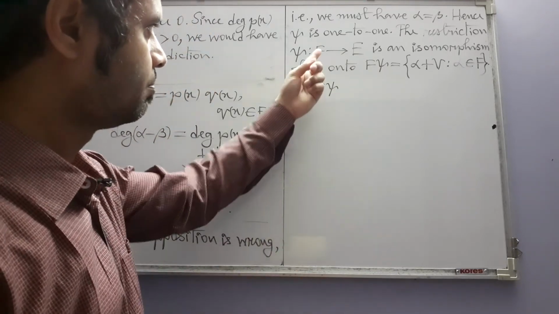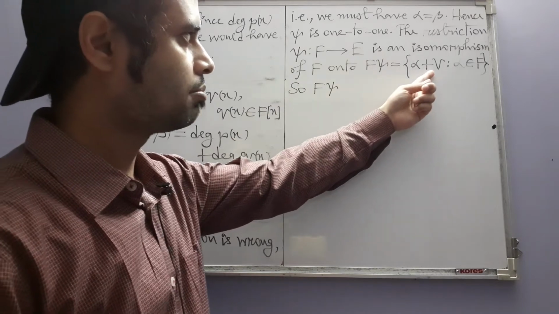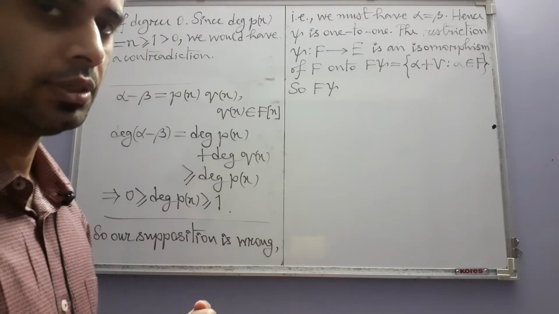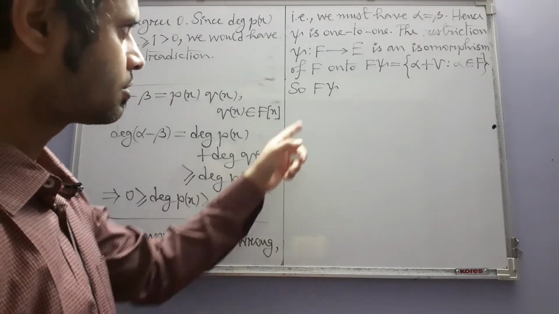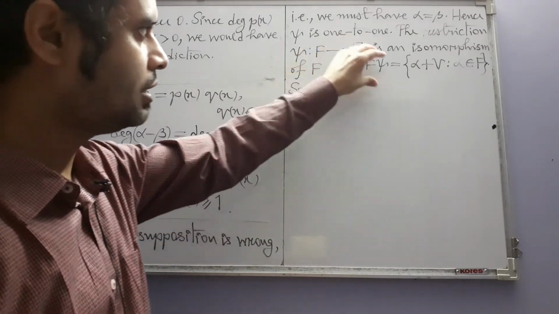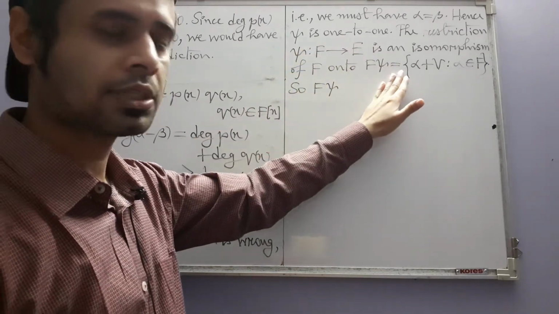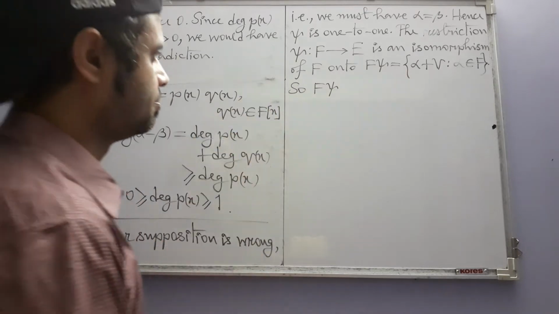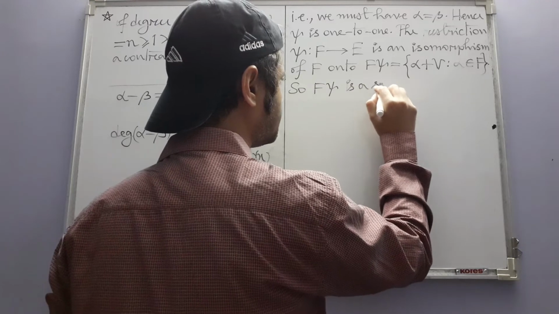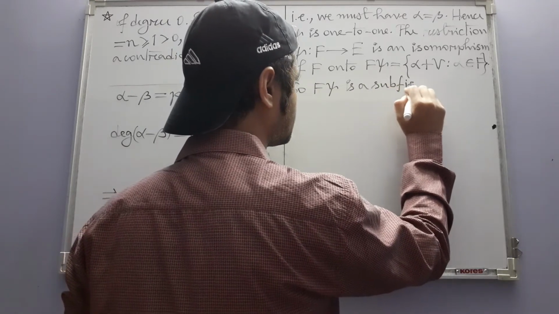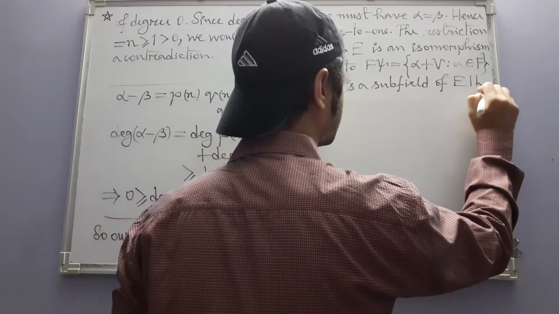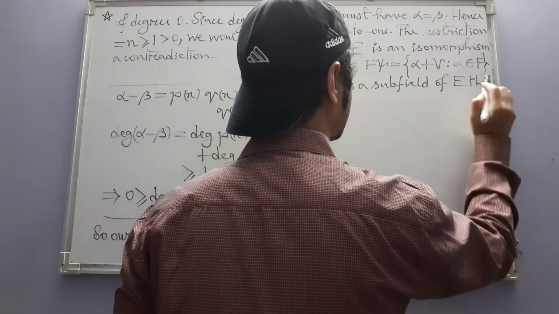So that is why F psi is not just simply a subring of E, but it is in fact a subfield of E, which is isomorphic to the field F. And in fact, because of this isomorphism, the field nature of F psi is coming because of that isomorphism.